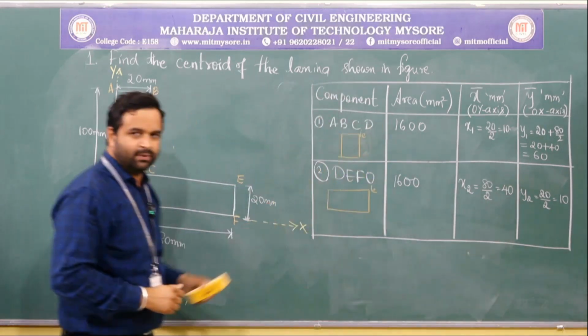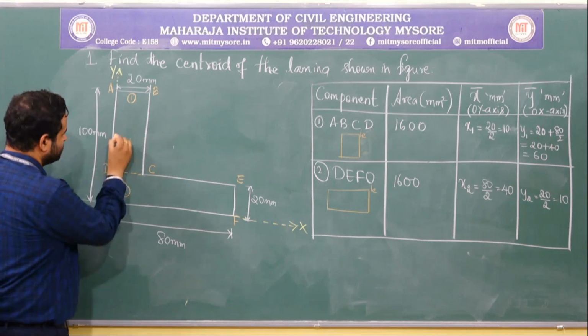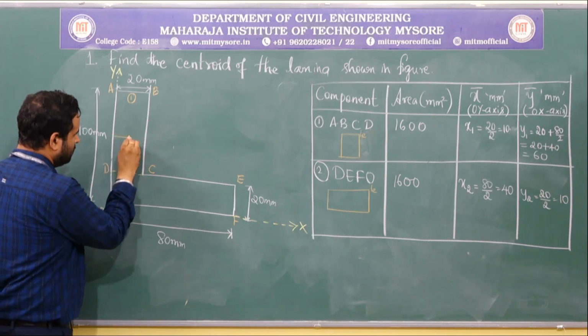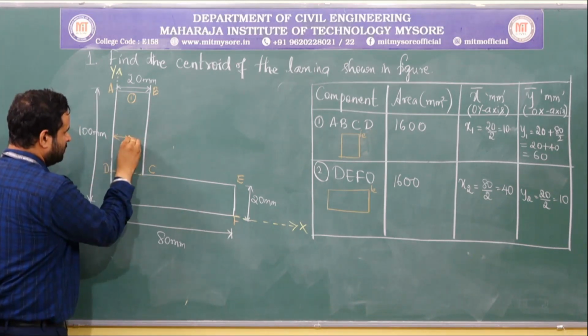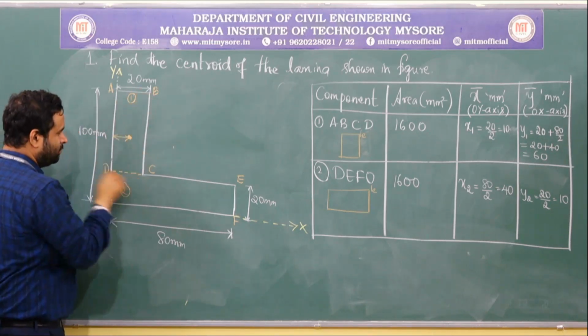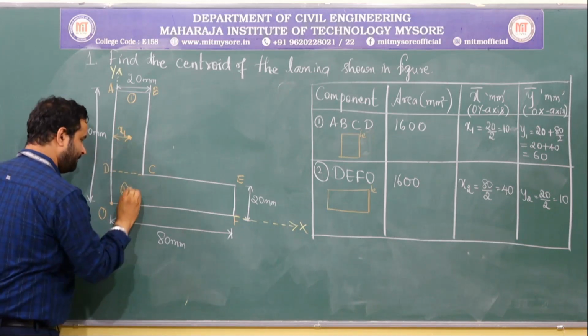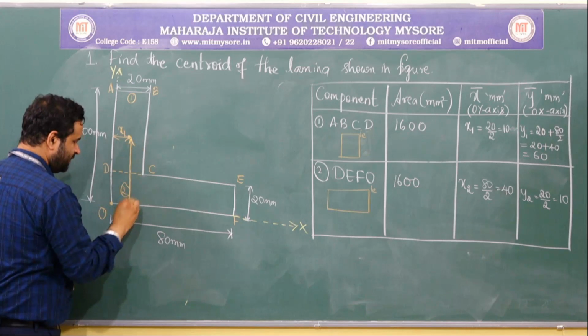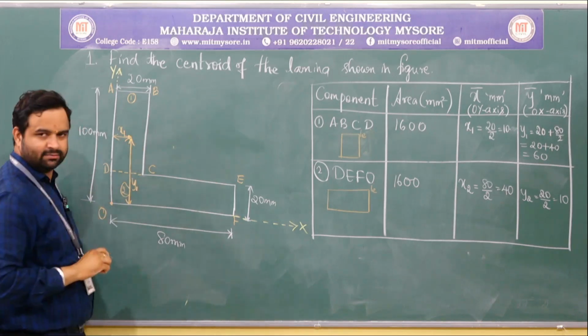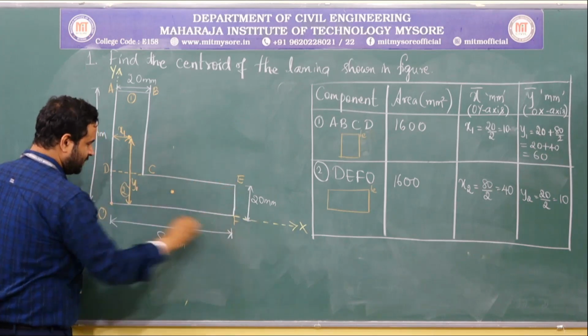So using this table, I can locate x1 and y1. This is the centroid of this component. So this will be x1 and this will be y1. Similarly, this will be the centroid of this rectangle.